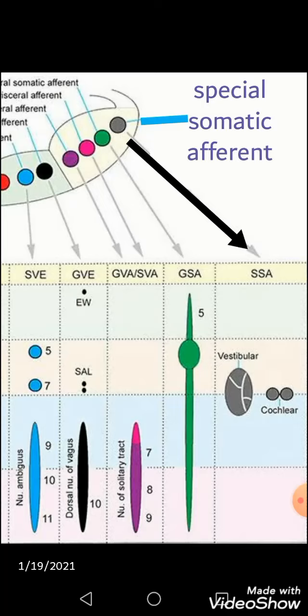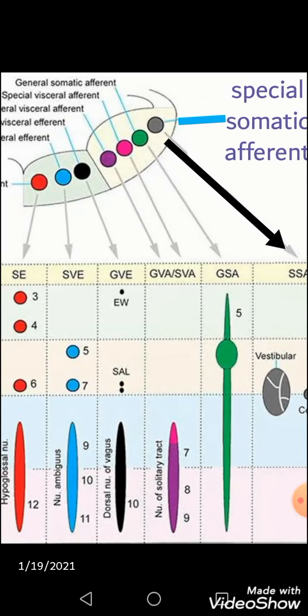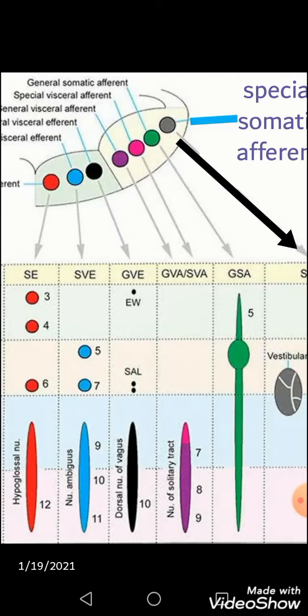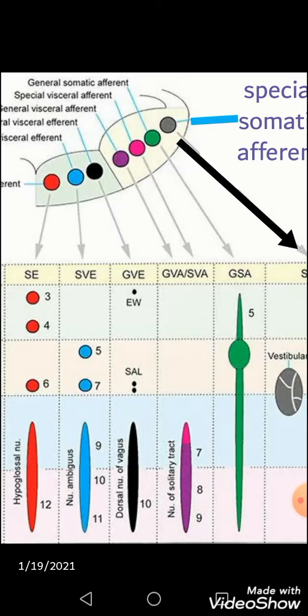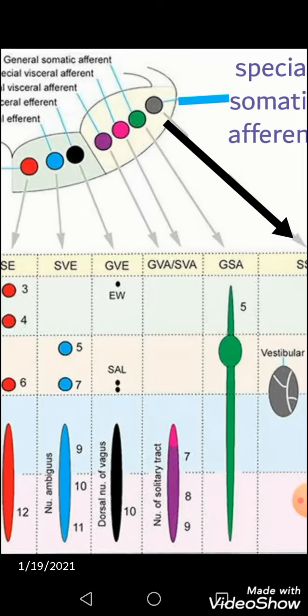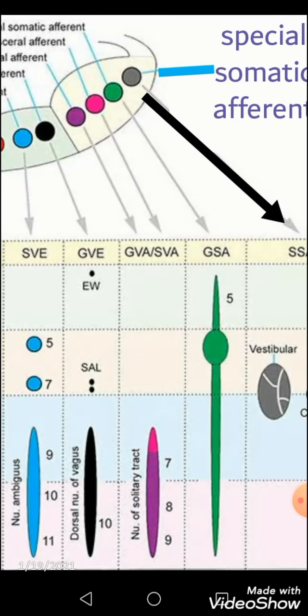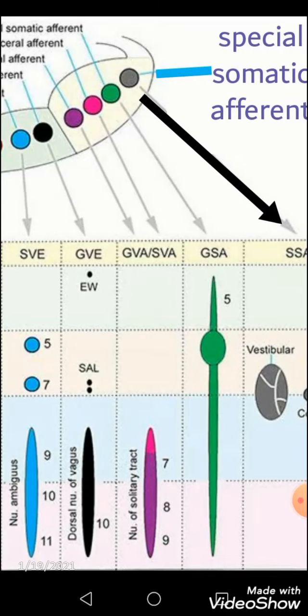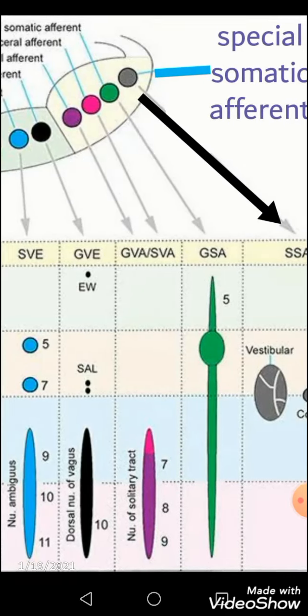Next to it, you are looking at the next column showing the general somatic afferent fibers. Now what are they? They are carrying the proprioceptive and exteroceptive sensations from the muscles and skin of the head. It means they are taking information from the structures that are derived from the somites.